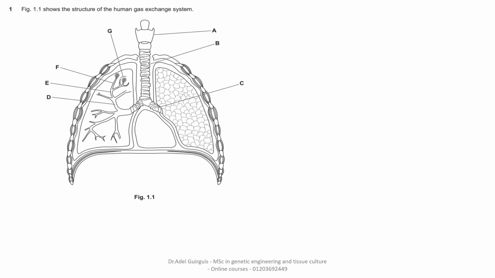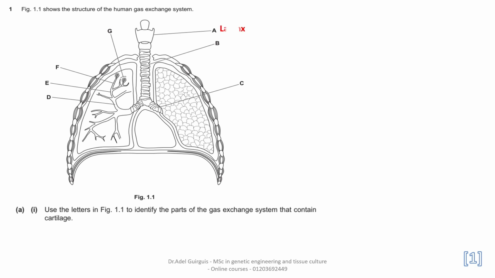Number 1, figure 1.1 shows the structure of the human gas exchange system with letters from A up to G. Here's a question: use the letters in figure 1.1 to identify the parts of the gas exchange system that contain cartilage. Cartilage is found in letter A, larynx, also in the trachea, plus it is present in C, bronchus.